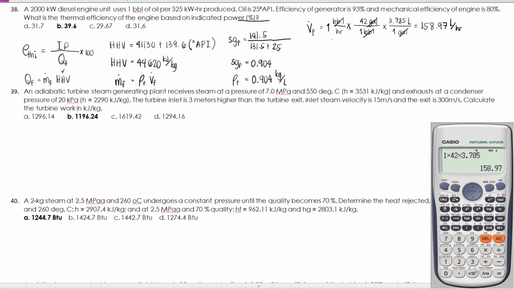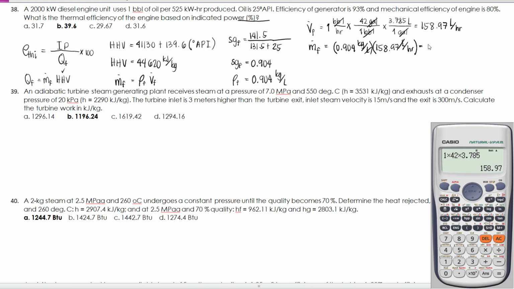Ayan. Then, to get the mass flow rate ng fuel, so this will be density niya na 0.904 kilograms per liter times sa kanyang volume flow rate na 158.97 liters per hour. So, cancel out yung liters.